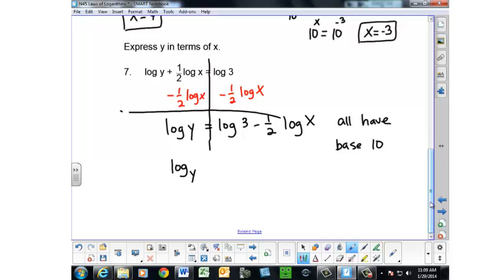So the log of y is equal to the log, well, the 1/2 is the exponent, so you can go ahead and do that first. So log 3 over x to the 1/2.